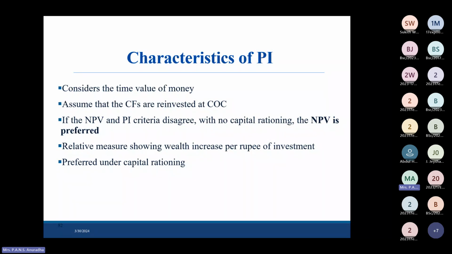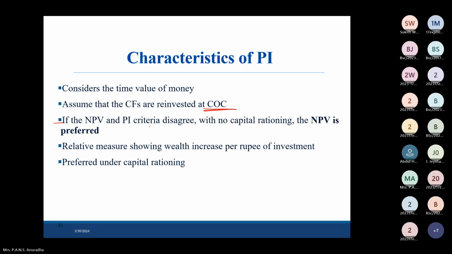Initial cost means the cost at time 0. When you calculate the PI, the reinvestment assumption again is the cost of capital. That is very fair and realistic. So we assume the cash flows are reinvested at the cost of capital.